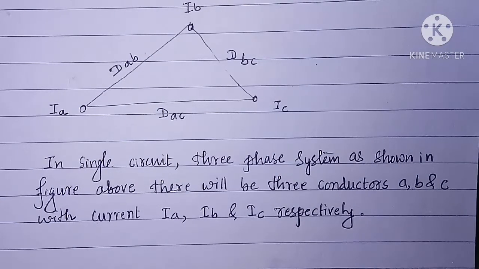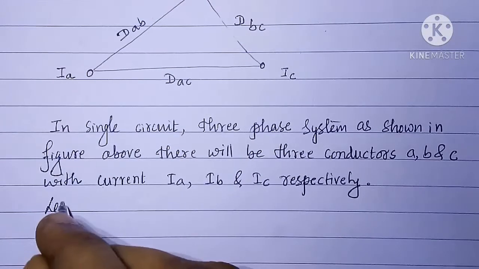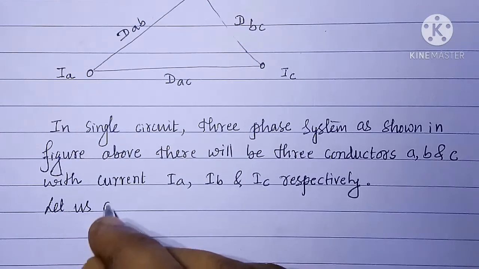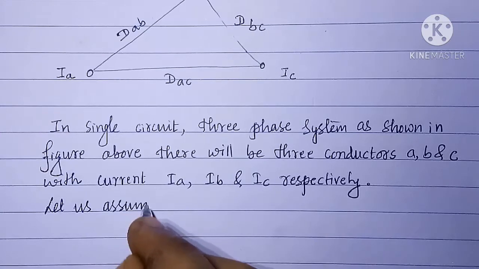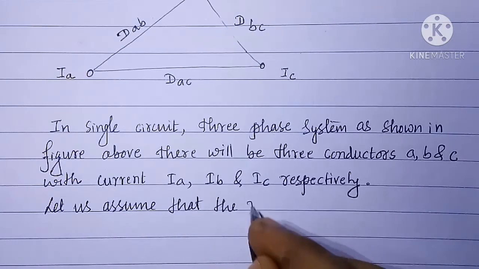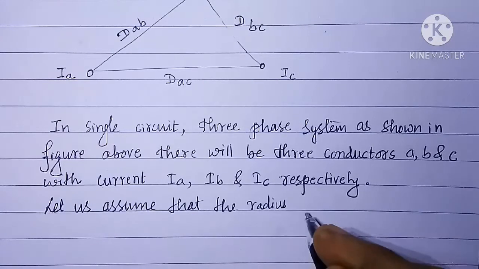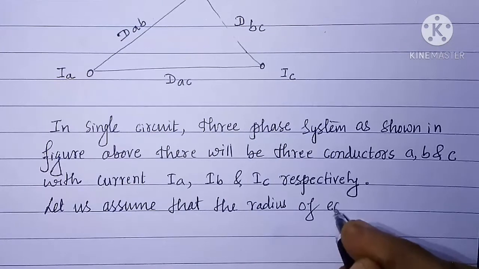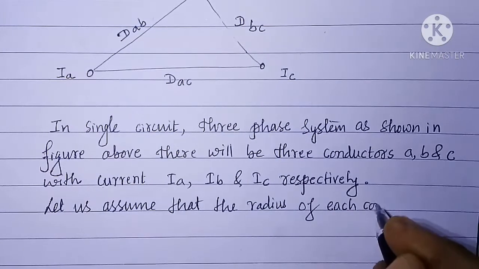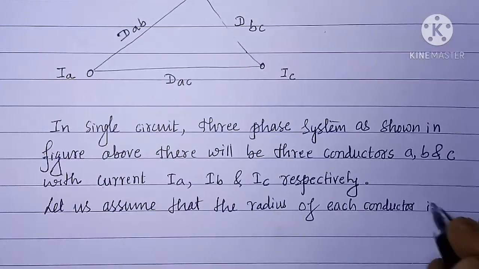Let us assume that the radius of each conductor is R.